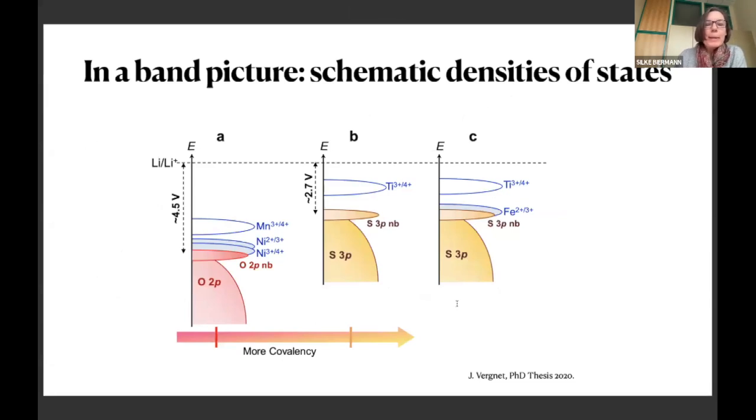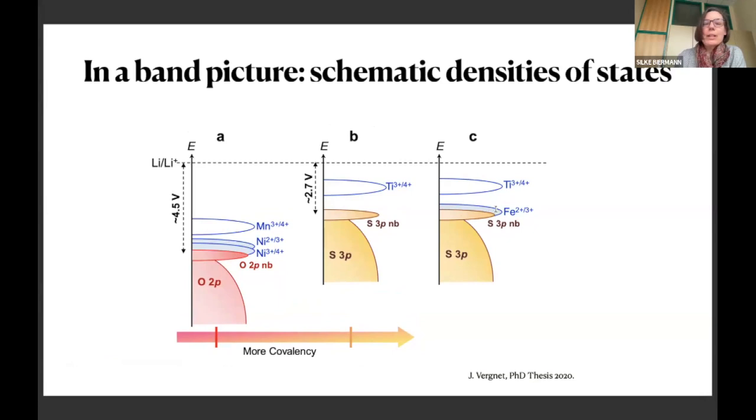So in a schematic picture, when you start from an oxide, one of the classical ones here, the lithium manganese oxide, and you move to the sulfides, overall you shift closer to the Fermi level. You have in the first place the empty titanium shell here. And then by adding the iron, you have iron states.